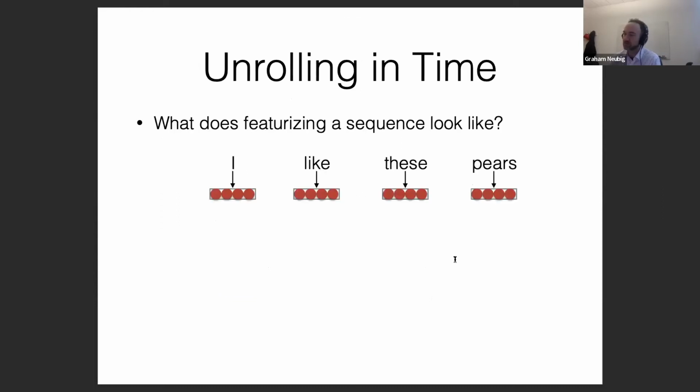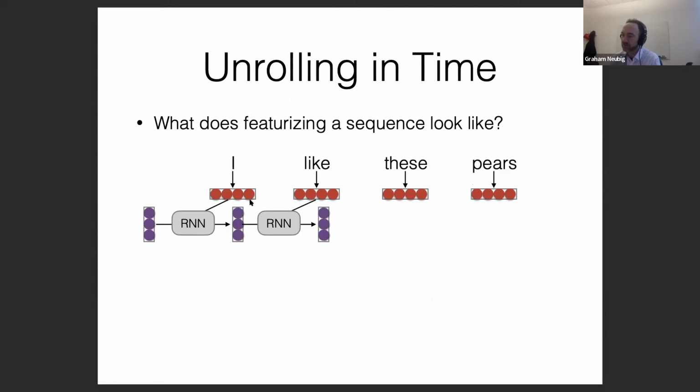So to give an example, if we have I, we would feed it through an RNN and get the next vector here. Like, we would feed this through another RNN function. We would calculate a vector corresponding to like.